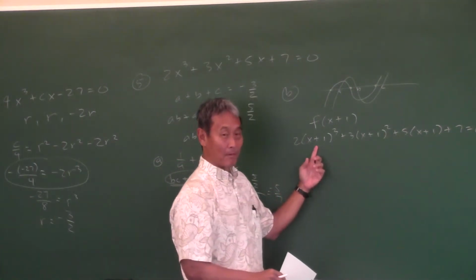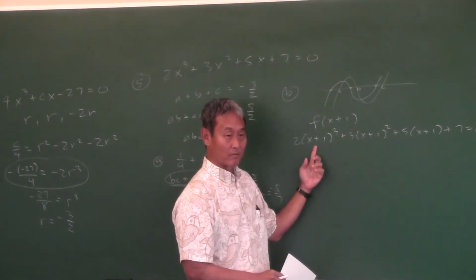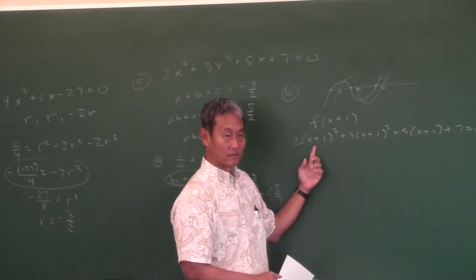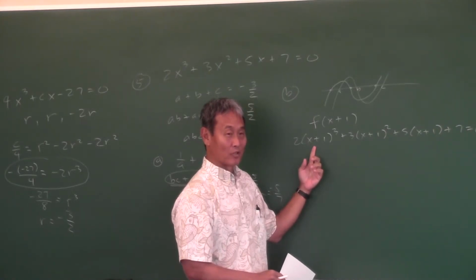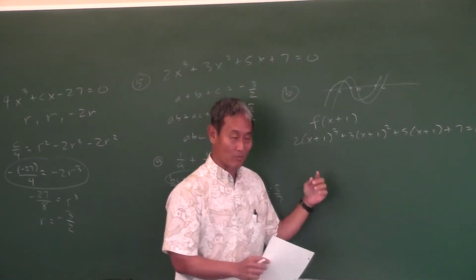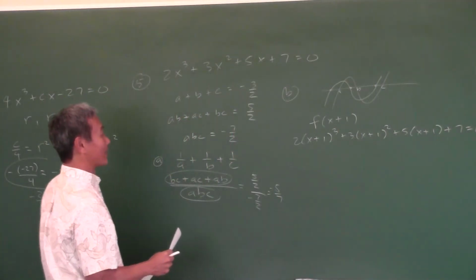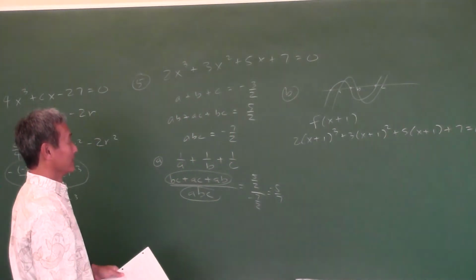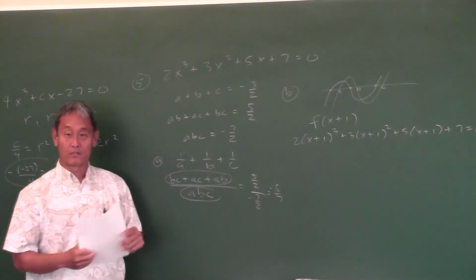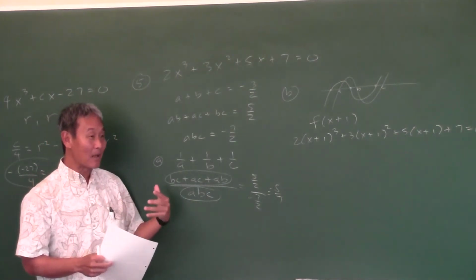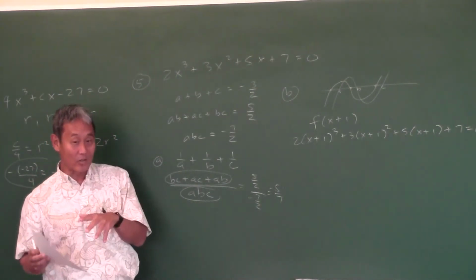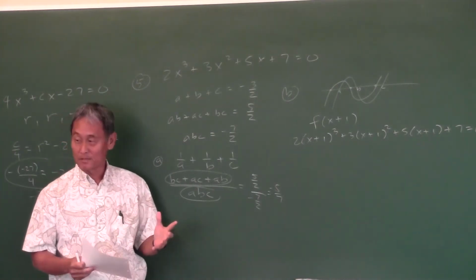I hope you guys remember Pascal's triangle, so you can do this, right? X plus 1 cubed. If not, then just go to the side and go x plus 1 times x plus 1 times x plus 1 and have a good day. Look, yes or no? Do you guys remember we did these problems in the last chapter, except now instead of quadratic, it's cubic? It's like the same problems.